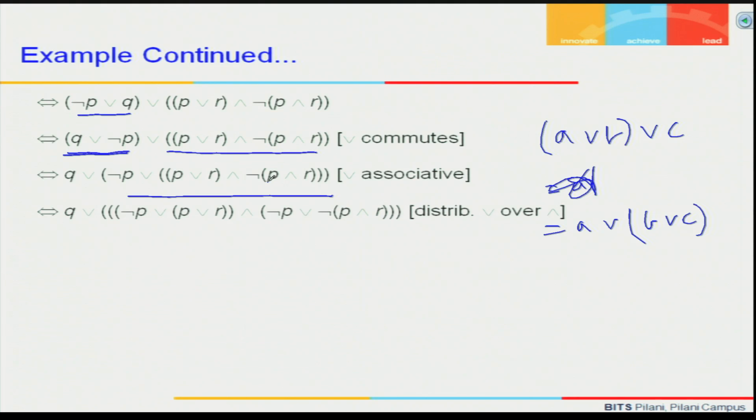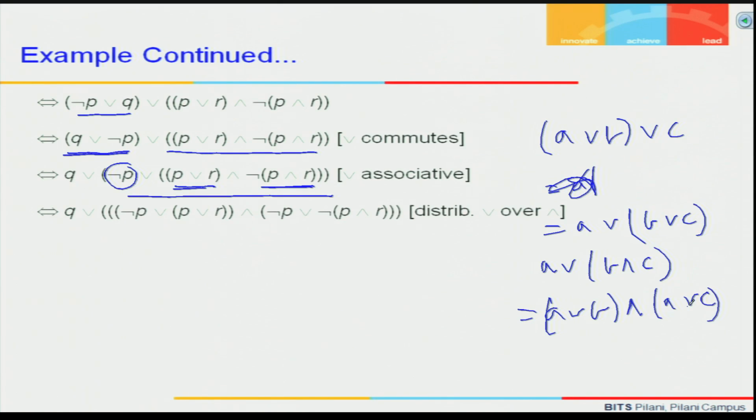Now the distributive law. This is something like A or B and C, where B and C are in the bracket. A or B and C is nothing but A or B and A or C. I just put that here.